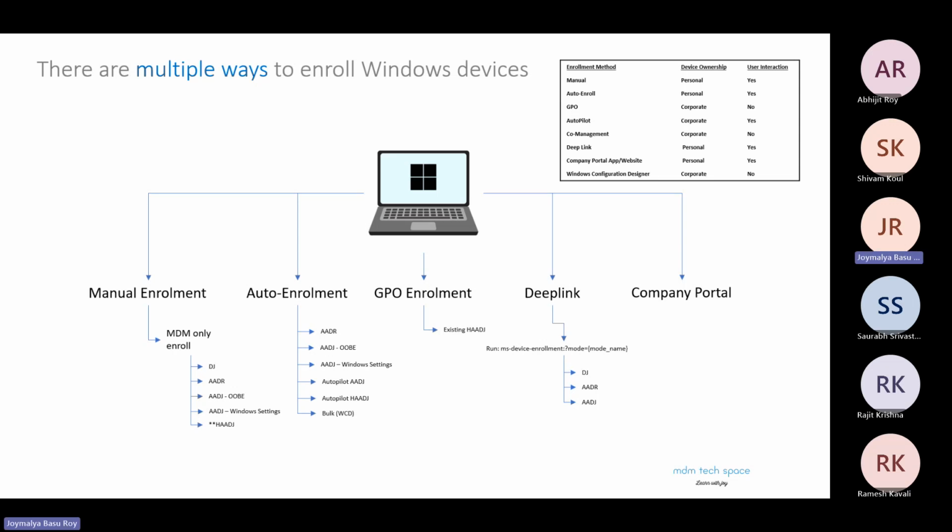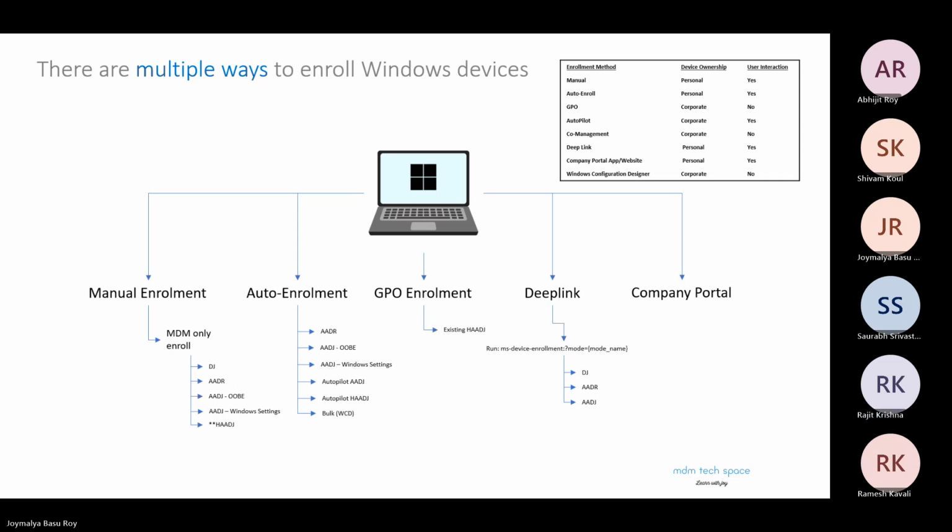In such cases, you won't be able to get to the start menu, account settings, and things like that. So how will you enroll such a device? In such a case, you can use the keyboard, Win plus R. You get the run box, and then you type in the code that you need, and it will do the enrollment.